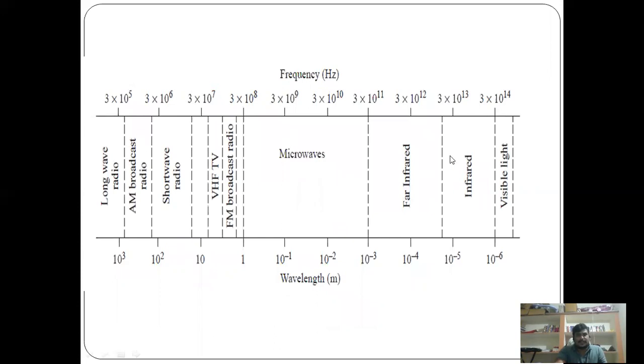If you observe this graph once again, long wave radio starts from 3 into 10 power of 3, that means 1 kilometer wavelength, into 3 into 10 power of 5 range. So AM broadcast, shortwave radio, VHF TV, and this region is the microwave. Above that, infrared, and above that, visible light.